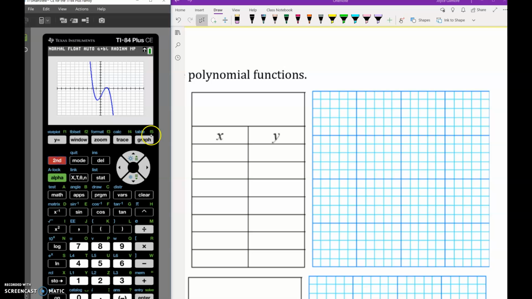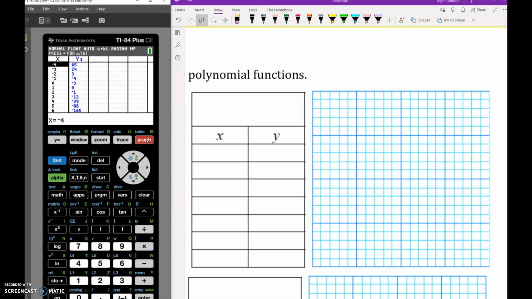Push second graph, get a table of values, and then record a couple of those that you know would fit on your graph. Okay, that ended up being a lot of points, but that's okay.